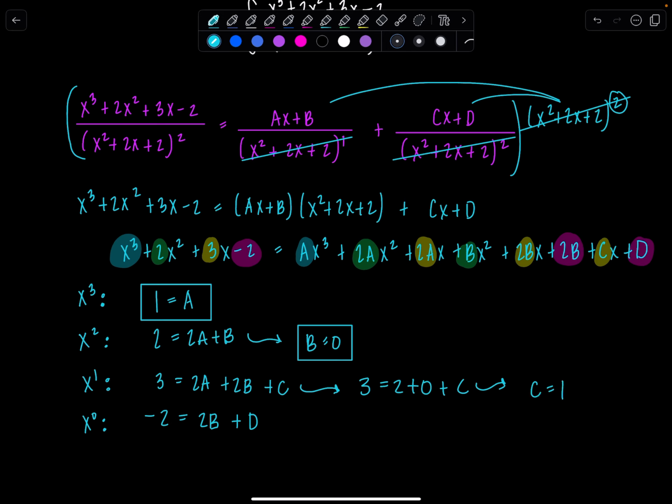So c is 1. And then lastly, I know b is 0, so negative 2 equals 0 plus d. So d is negative 2.